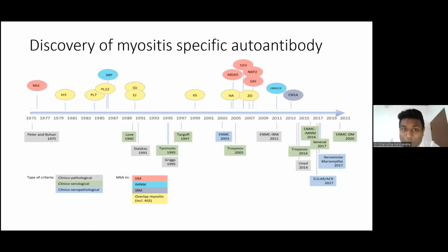That's why it's very popular among us. But if you take a look at this chart, since 2005, there have been a lot of novel antibodies, which are clinically very specific to the disease and giving a lot of information about the disease subsets of inflammatory myositis, have been discovered, and this process is ongoing actually.